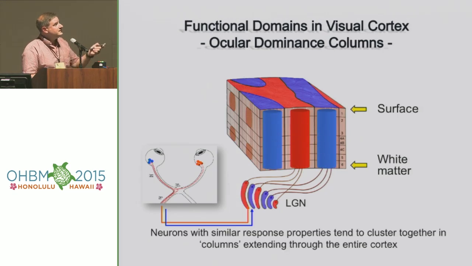The whole idea is that these are organized in a column-like fashion, which is why it's called columnar organization. So we have columns of cells with similar response properties, but if you look at the surface, it looks like a zebra pattern alternating between left and right.